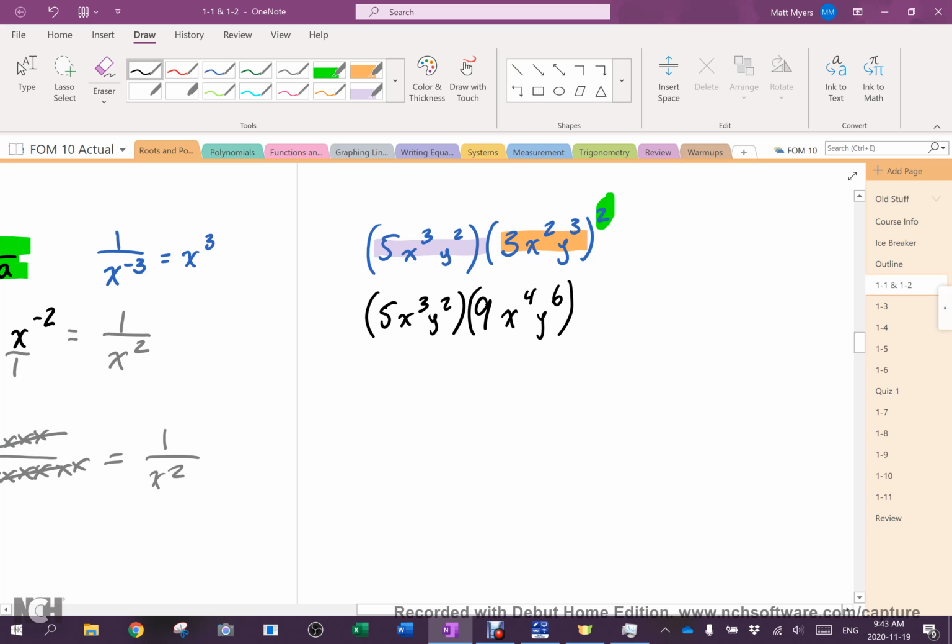Now you combine the two. So what am I going to do with that and that? Add? Multiply. It's 5 times 9, isn't it? Yes. So what is it? 45. X what? 7. Y what? 8.